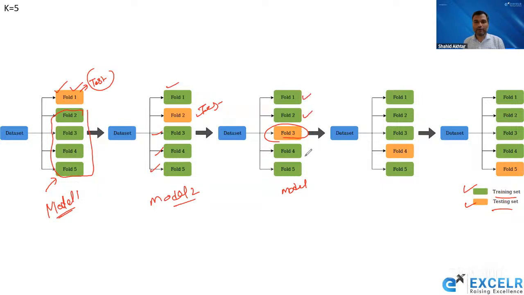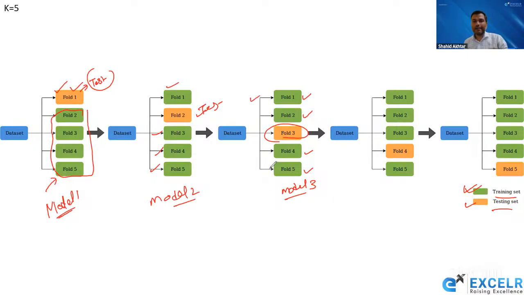So model 1, model 2, model 4, model 5 will be for training, and fold 3 will be for the testing. For clarity, this is fold 1 basically. Fold 1, fold 2, fold 4, and fold 5 will be used for the training, and fold 3 will be used for the testing.